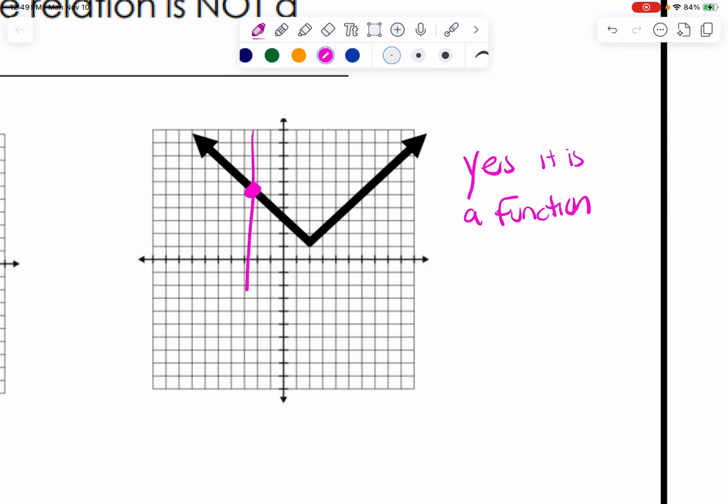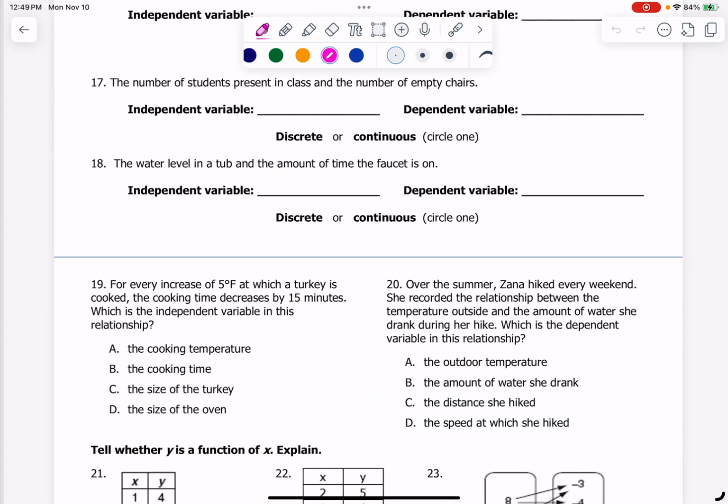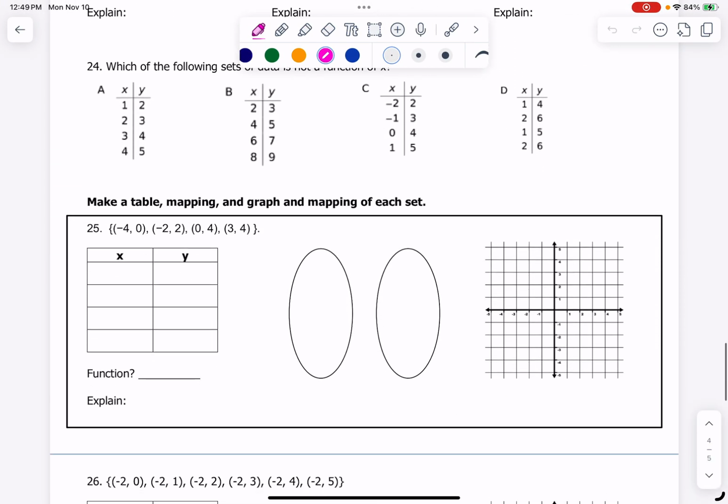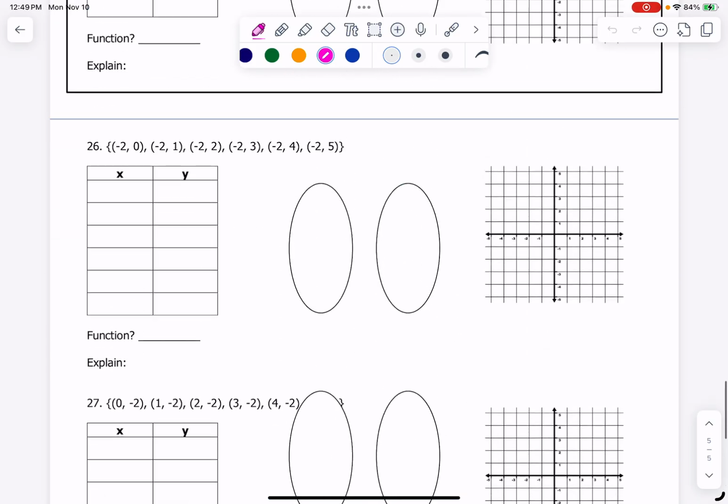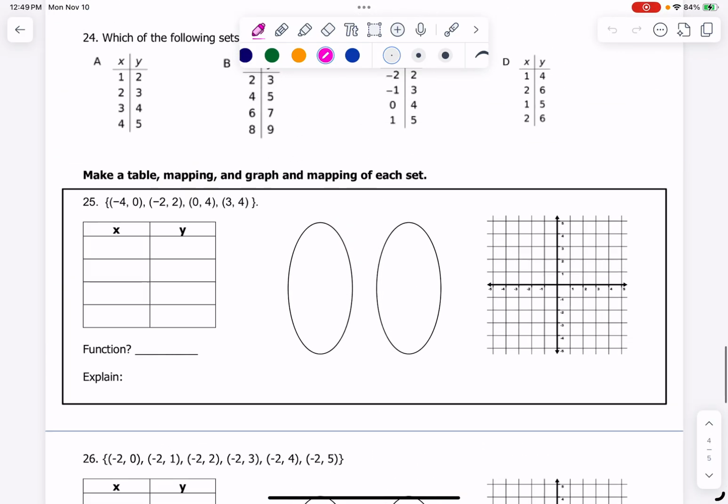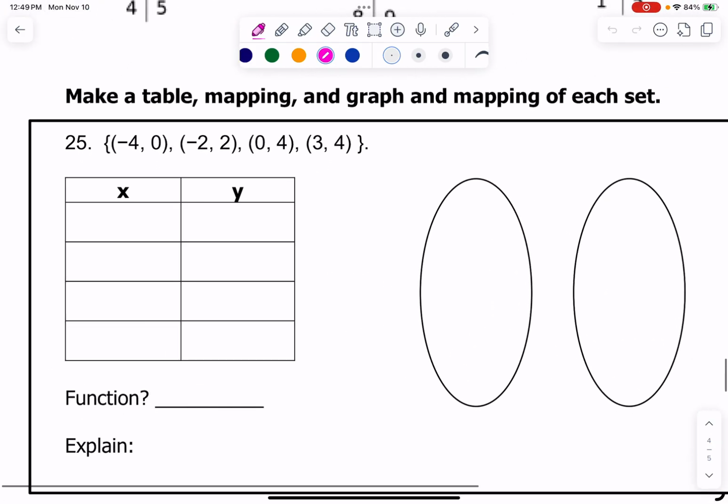Okay, so let's go back and look at your practice problems. If they give me a set of points right here, I can write each one of these points as an x value and a y value. The first number in the ordered pair is x, the second number is y. So x is -4 and y is 0.